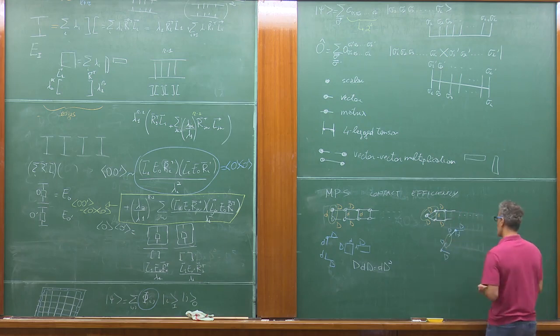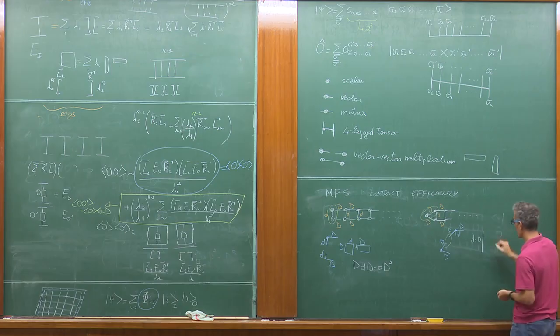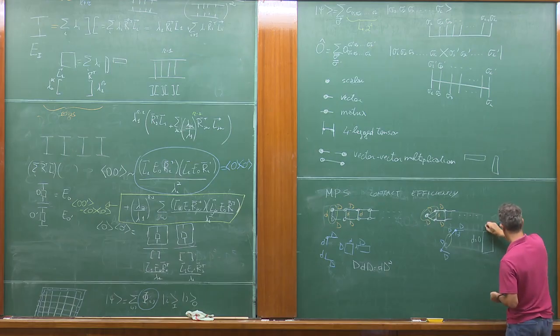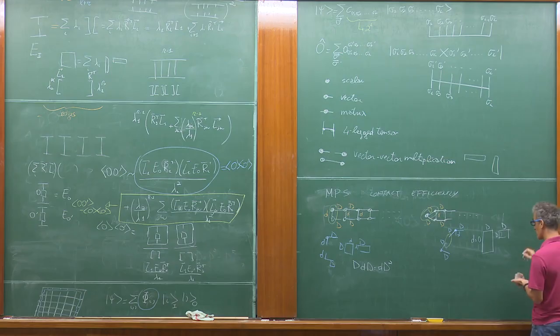So this is going to cost me D times D, small d times big D on this side, then D here, and then D here. So it's going to cost me D, small d, big D cube.